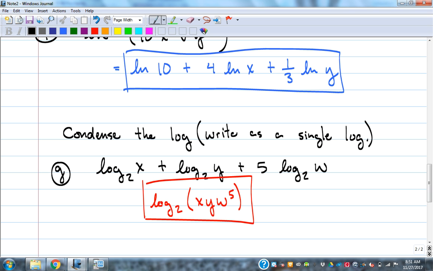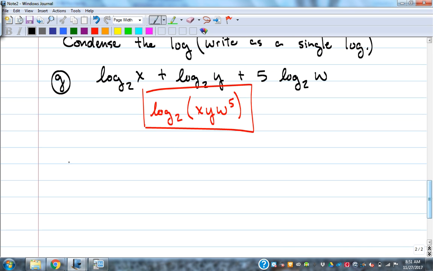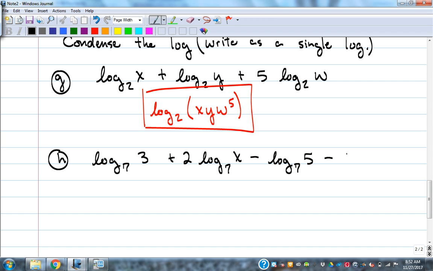All right. Let's try a tougher one. Log base 7 of 3 plus 2 log base 7 of x minus log base 7 of 5 minus 3 log base 7 of y.